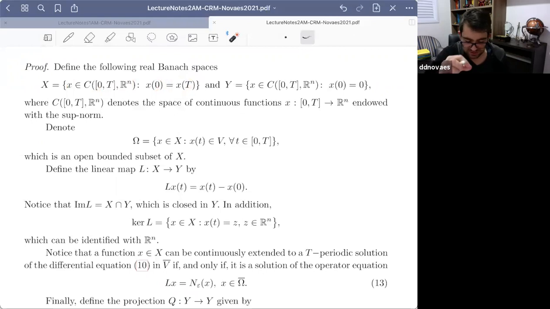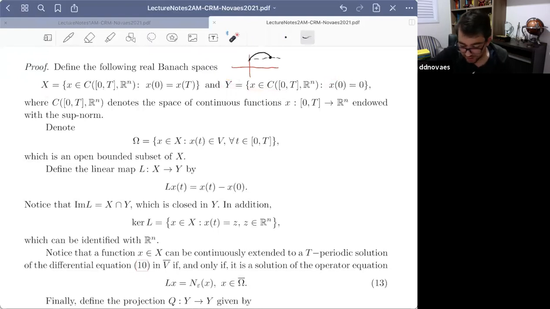So it starts at a point, and for t equal to capital T, it coincides with the initial position. And Y is the Banach space of continuous functions such that x of 0 is equal to 0.